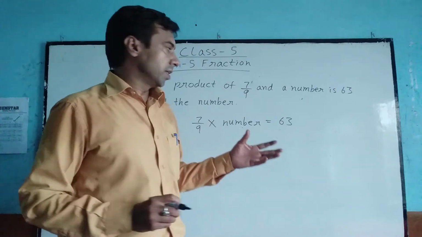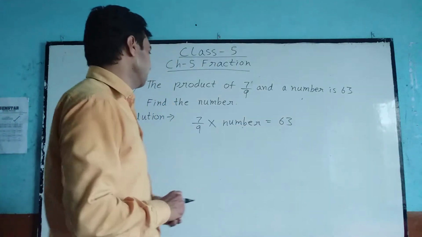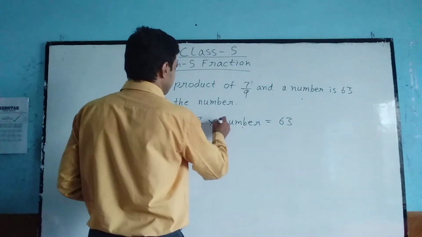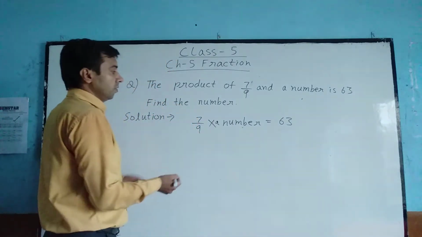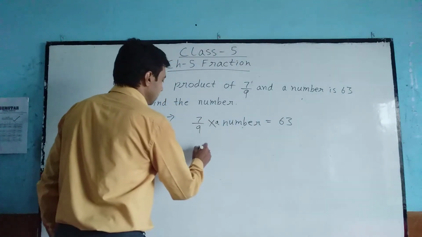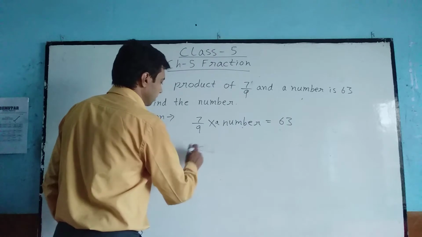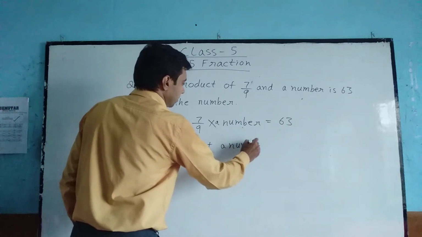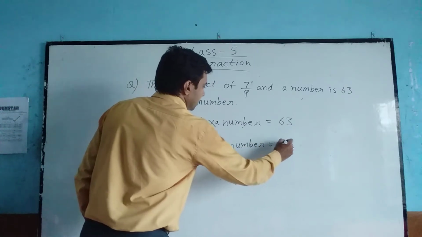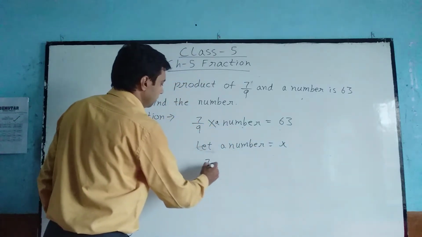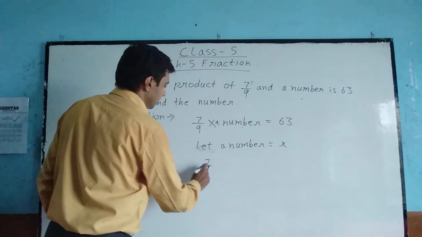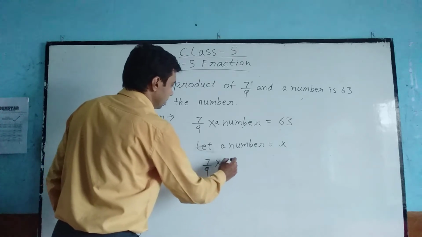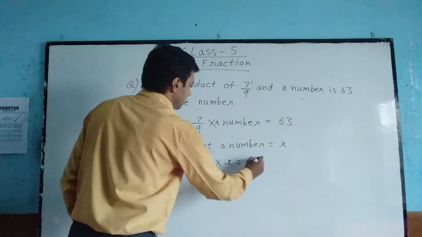Product of 7 by 9 and the number is 63. So what we do? Let that number be x. 7 by 9 into x is equal to 63.